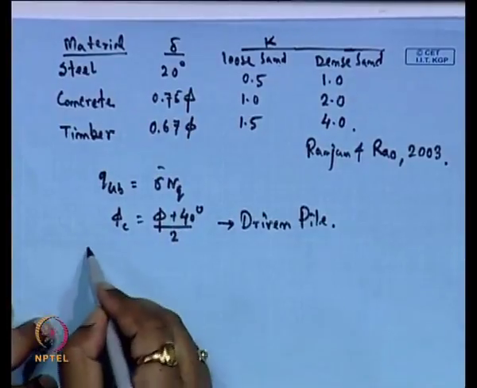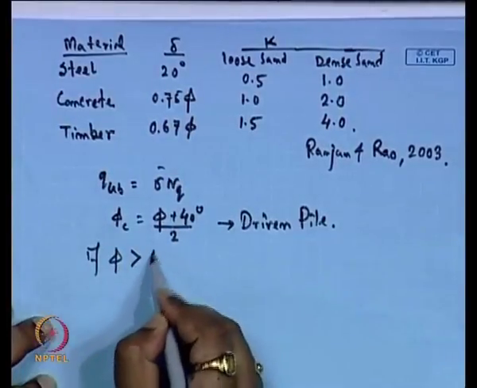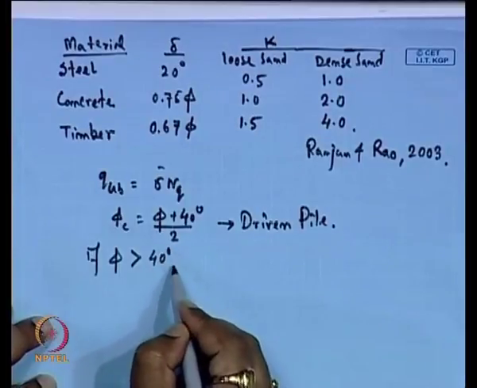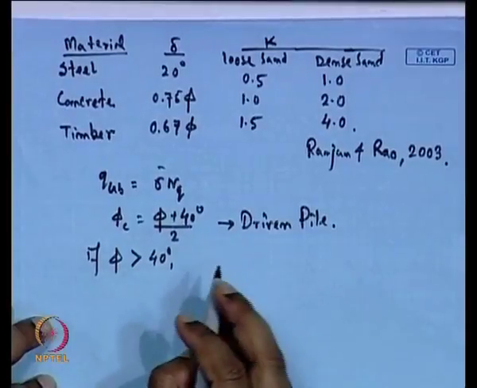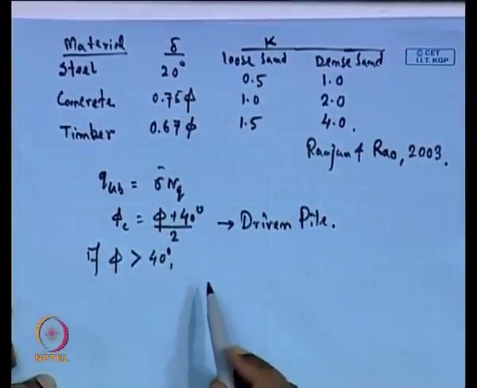Now, if phi is greater than 40 degree, then the pile driving shall have the effect of reducing the angle.